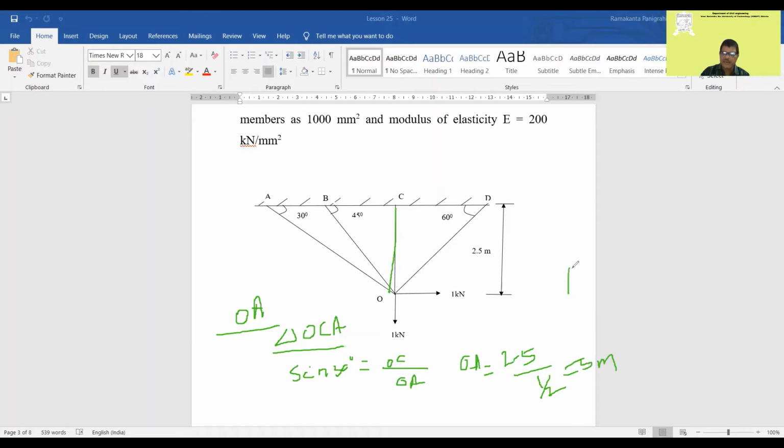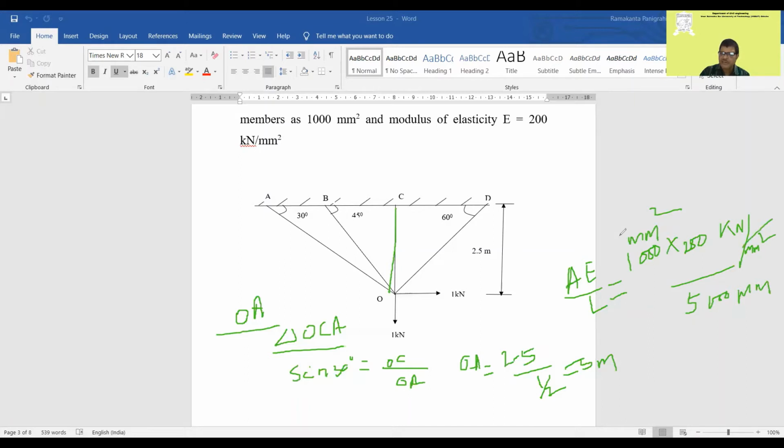So what will be AE by L? AE by L for OA will be equal to A is 1000, E is 200, in kilonewton per millimeter square, divided by 5 meter, making it 5,000 millimeter.